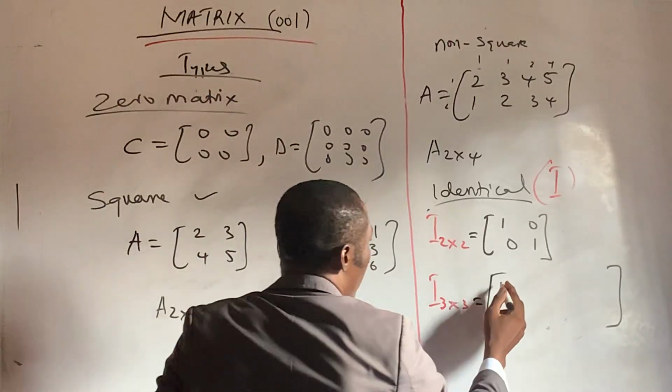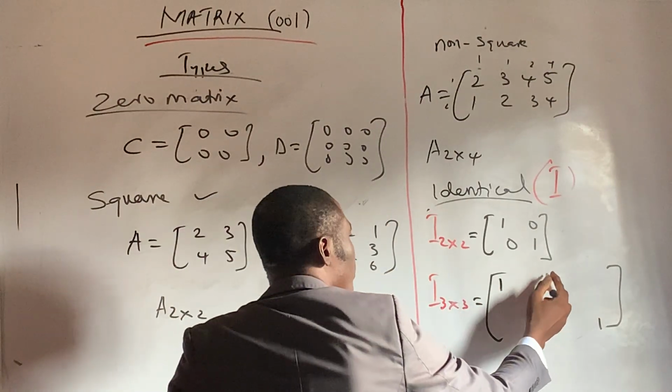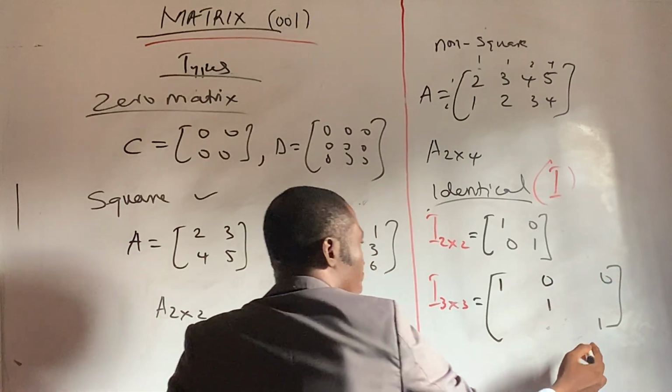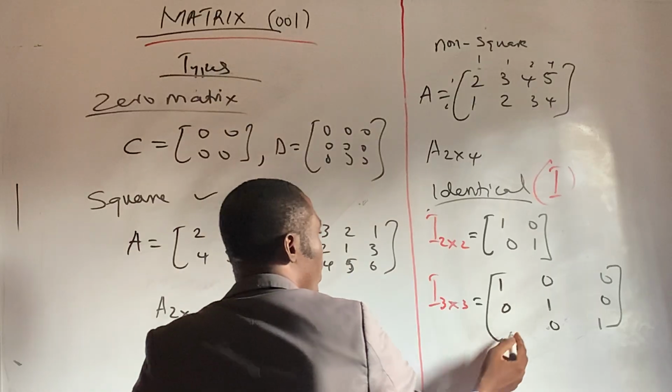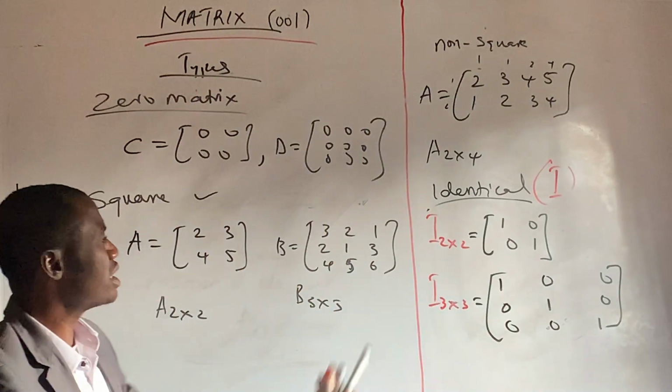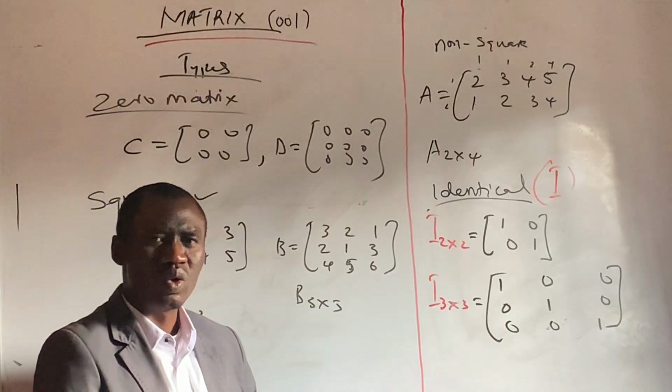Now I'm going to put all the remaining entries to be 0. So this is the 3 by 3 identity matrix, and this is the 2 by 2 identity matrix.